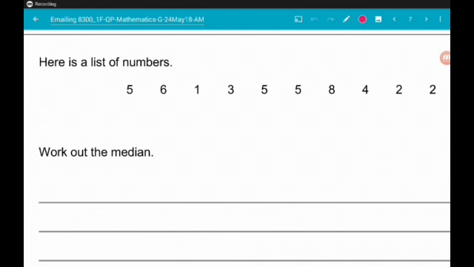In 10, we got a list of numbers, and part A wants us to work out the median. So the median is the middle, but we need to put the numbers in order. So let's do that.